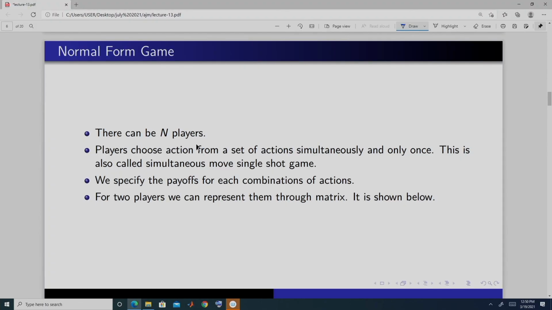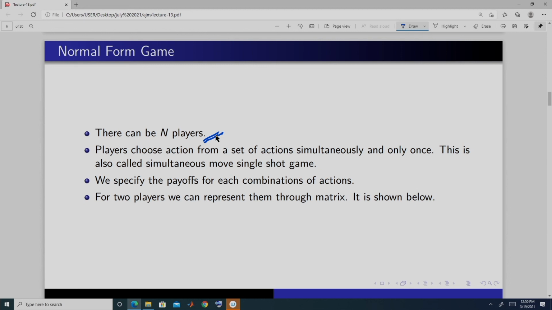It is a simultaneous move game, and it is also single shot. So, generally we define this kind of simultaneous move game which is played only once as a normal form game, and it can be played among n players.